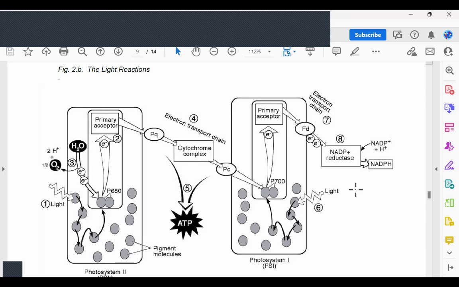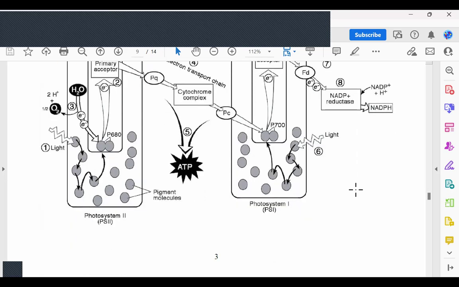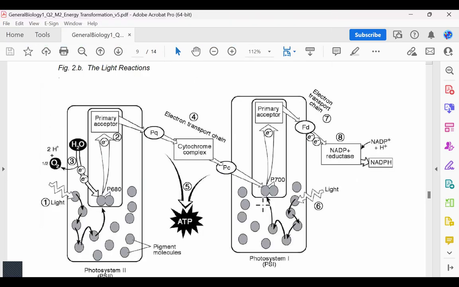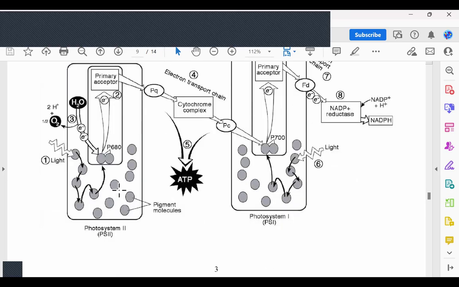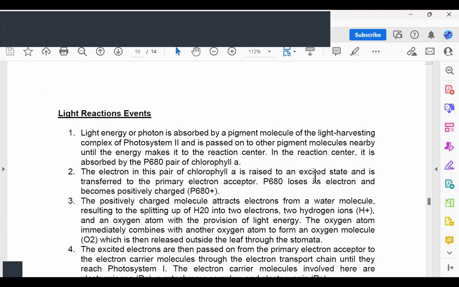We will just go through the process and we will focus on the video because it is simpler than this illustration. Now take note why this is photosystem 2 and the next one is photosystem 1. The video will explain why.